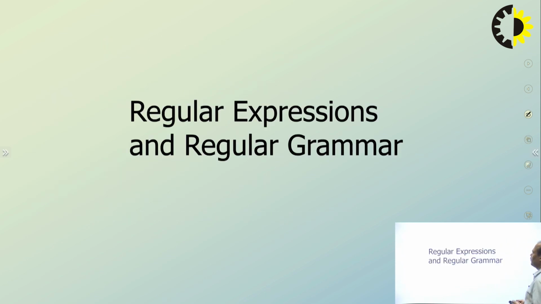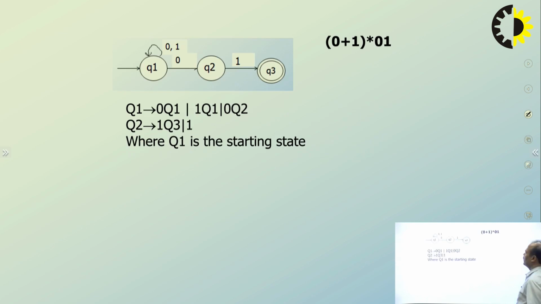Let's have one example. This is your regular expression, 0 plus 1 star, the one we did just now. You can draw its finite automata, and this is the finite automata, right?